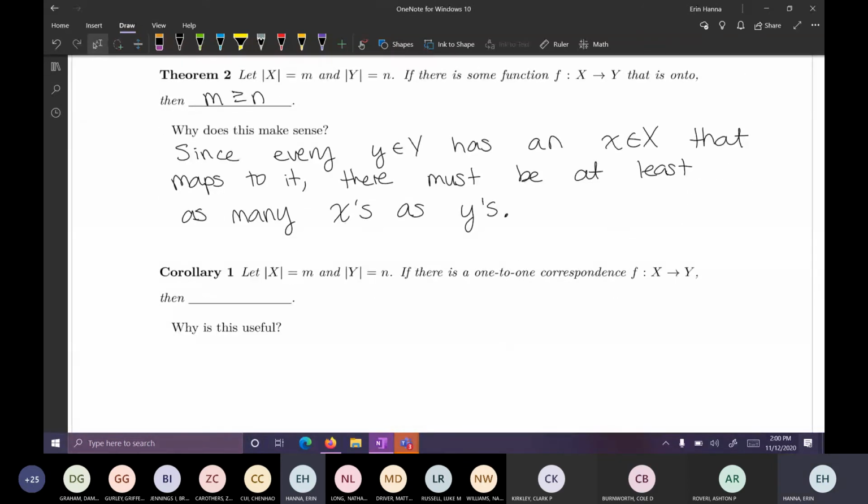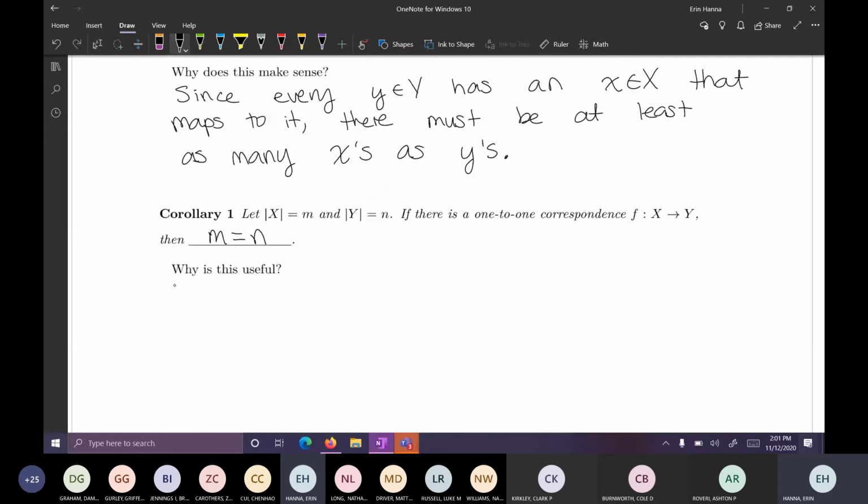So kind of the point is that, therefore, if it's a one-to-one correspondence, so it's one-to-one and onto, then it must be true that those values are actually the same. Now, why the heck do we care?